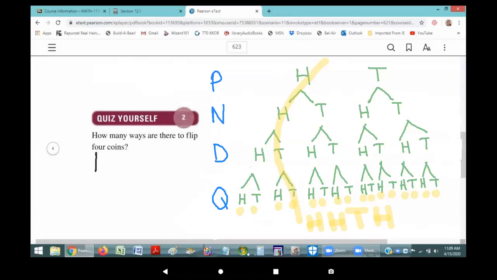How many ways are there to flip 4 coins? There are 16 ways.